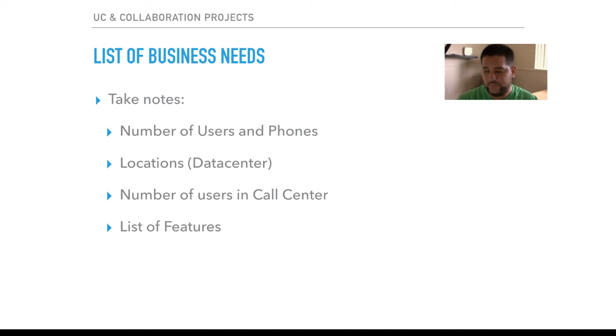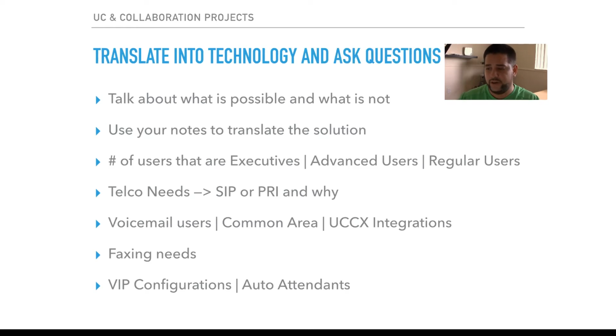Now, there are some questions that you may want to ask about their call center, if they have one. Actually, we're going to be working on a sample customer that has a call center. You want to know the list of features, and then you're going to translate everything into technology.